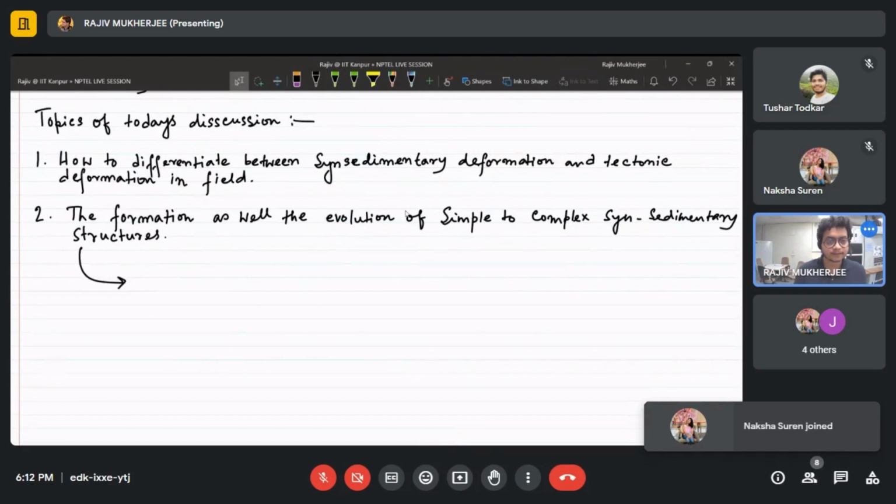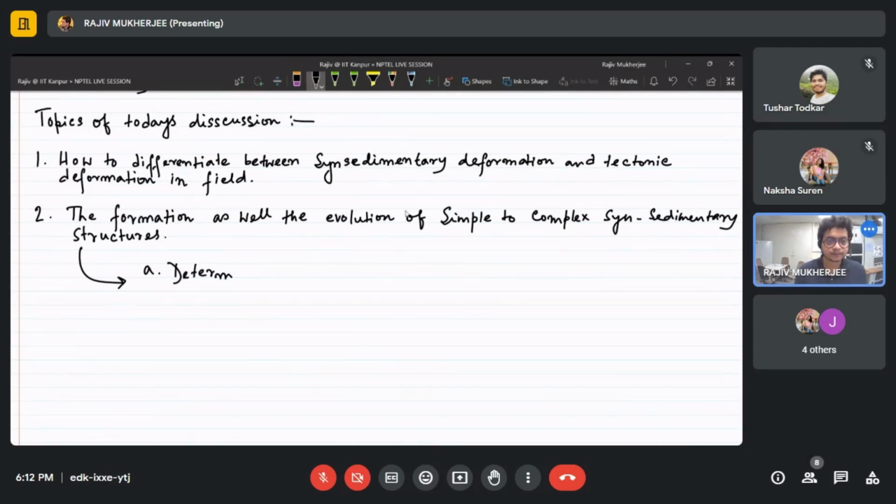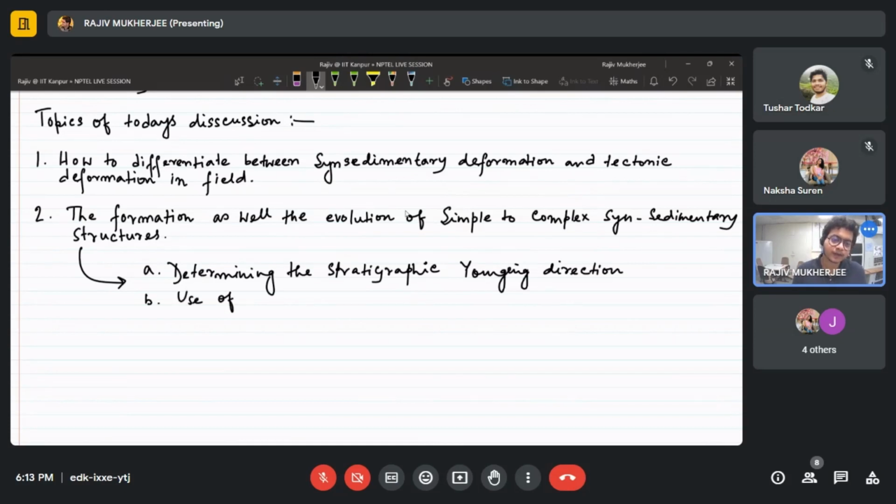So coming to utilities, one is of course determining the stratigraphic younging direction, and the other one is of course use of these structures as strain markers, right? So this is the second agenda of this discussion.